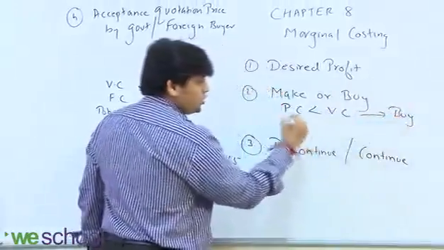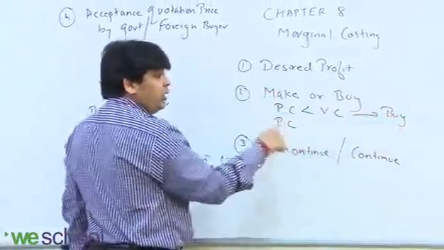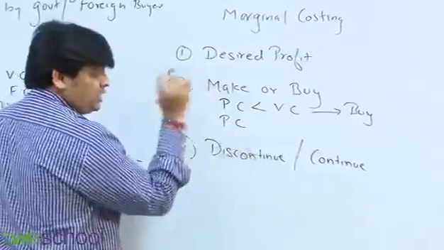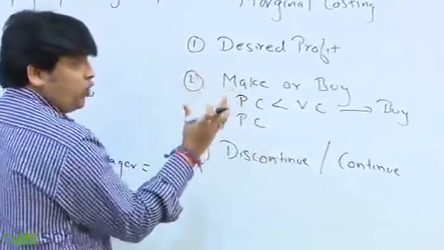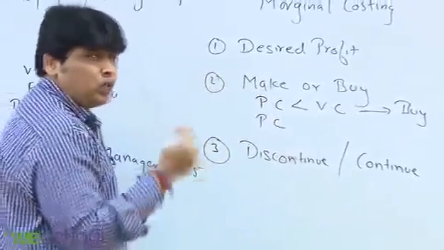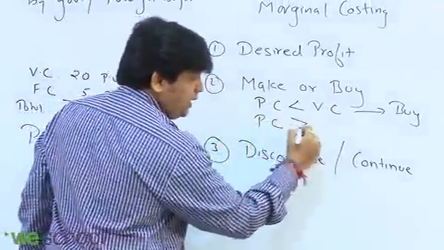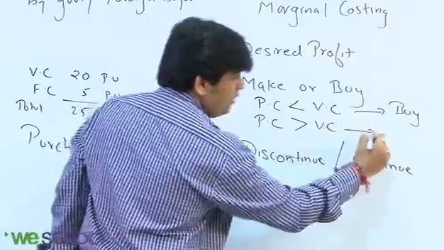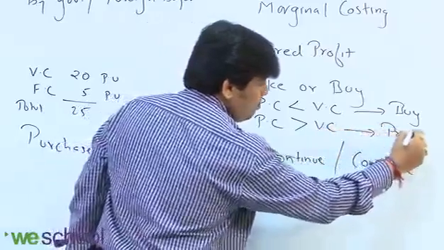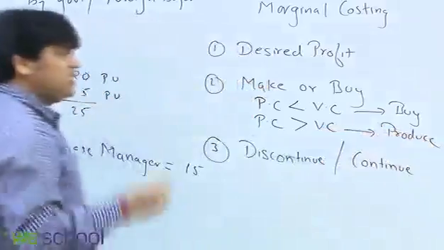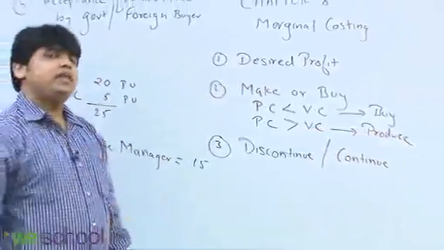If purchase cost, PC, it is not personal computer, it is purchase cost. I am using short forms to make the point clear, so please don't take it the wrong way. If purchase cost is greater than variable cost, we will produce or make. This is the point of decision making.